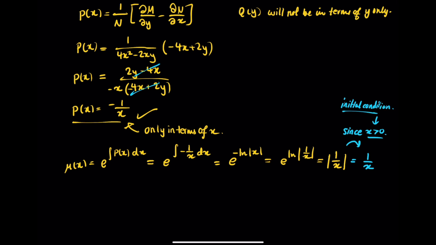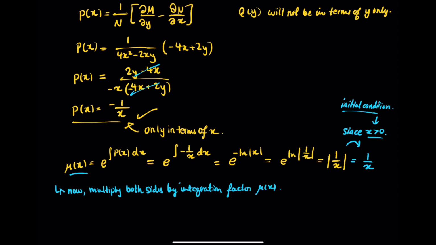All right, that's the initial condition. And so now we know what our mu(x) is, which is great. Now all we have to do is multiply both sides of the exact equation by this integration factor, mu(x).